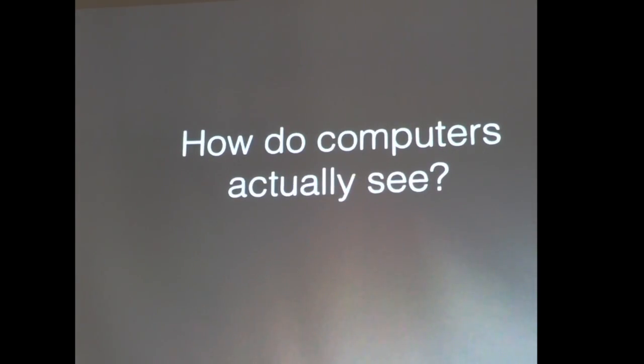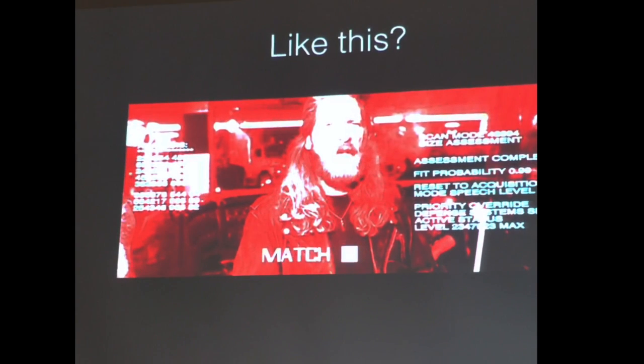So, when people start out thinking about computer vision, the first question is, how do computers actually see? A lot of people think it's something like this, Terminator vision, processing information. For some reason, it's got the red tint. Not quite.